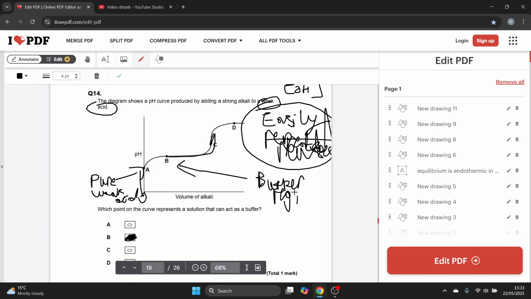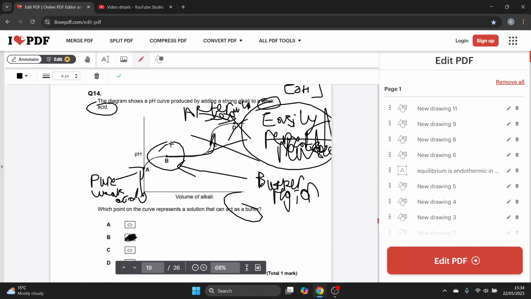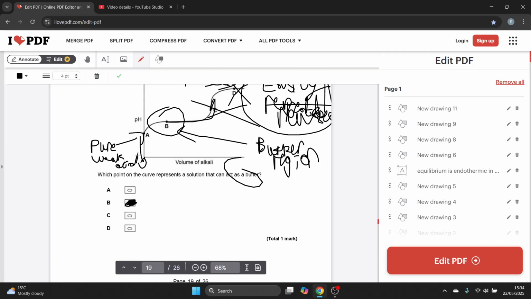C, that's near the equivalence point, so it can't be C. D is after equivalence. I've just got a lot of excess strong alkali, and that's not what I want. I want a solution that can act as a buffer, so we can resist changes in pH by adding a small amount of acid or alkali. So therefore, the only place it can be is B.